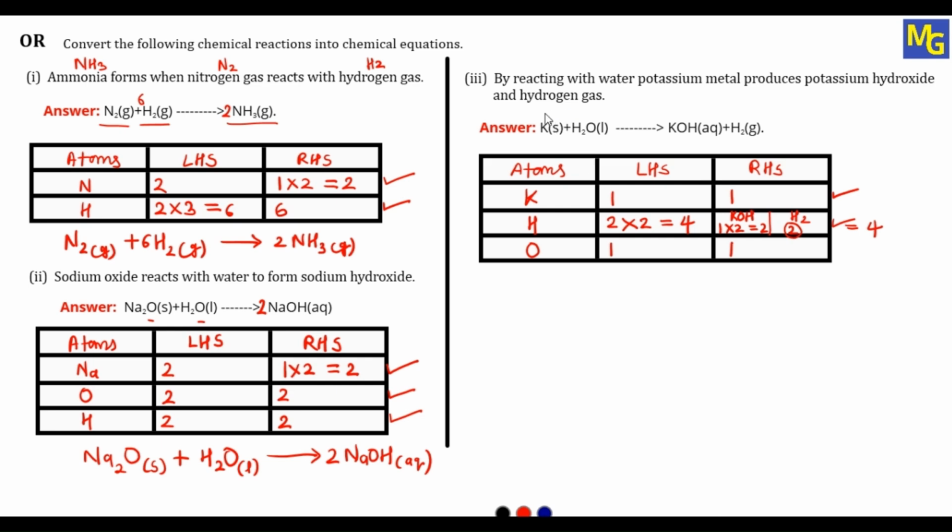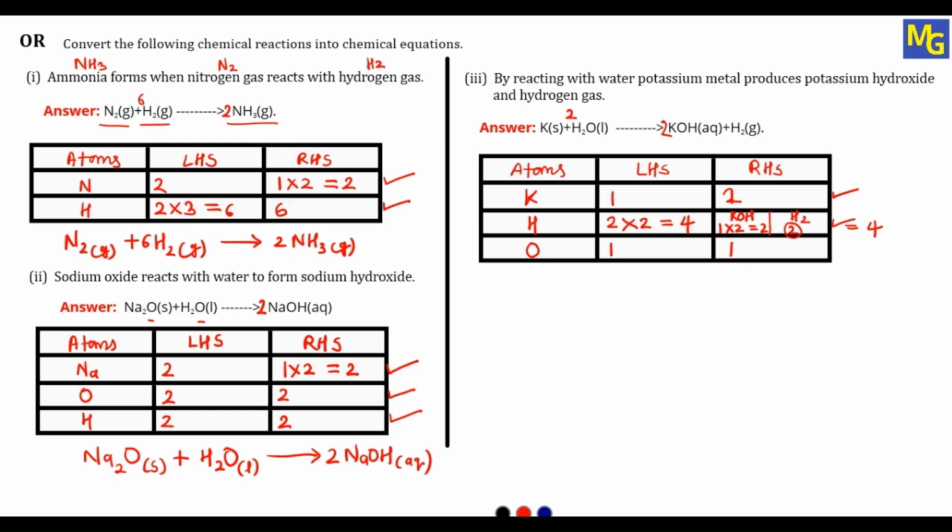So 2H2O. Now, because of writing 2H2O here, 2 2s are 4 hydrogen, and on this side I wrote 2, so I will write this also 2. Because of writing this 2, potassium also got changed, so potassium became 2, so that's why I will write 2.